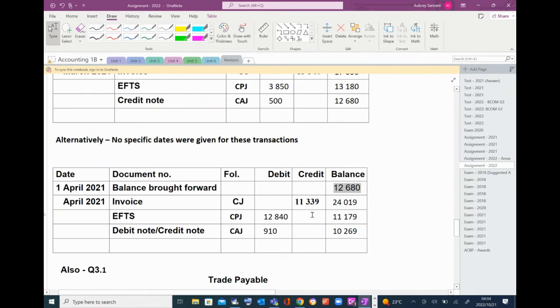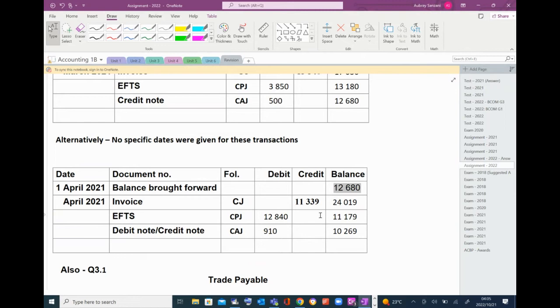Then we say, okay, what were the summary of transactions that took place? You've got the purchases or credit purchases, 11,309. Then we've got the 12,840 payments. All right.